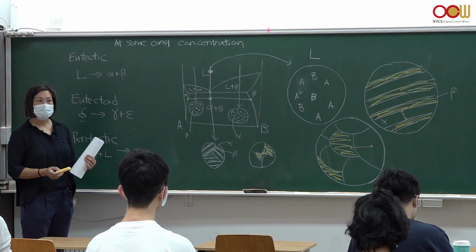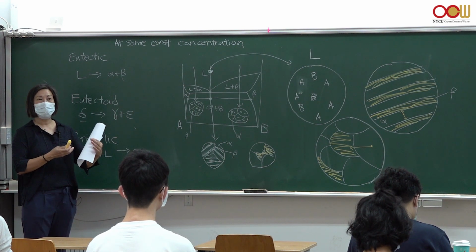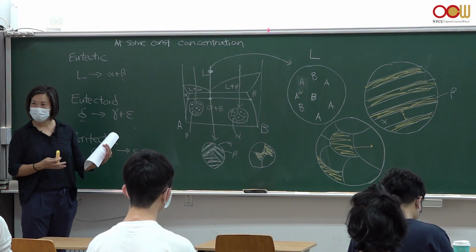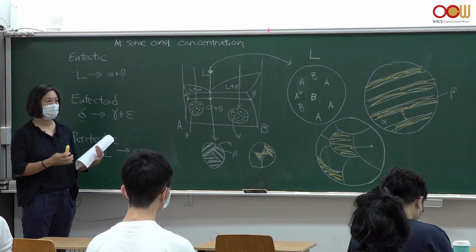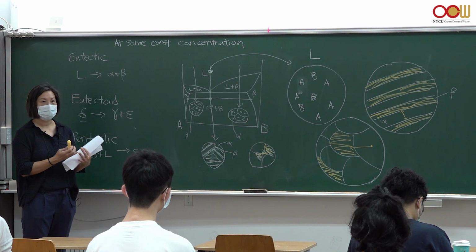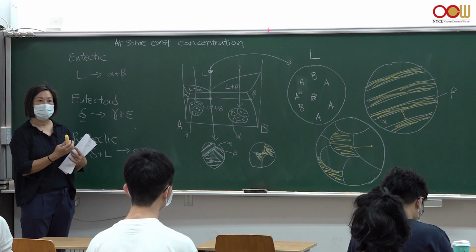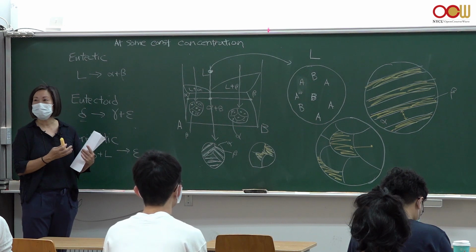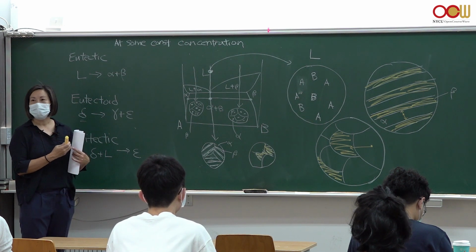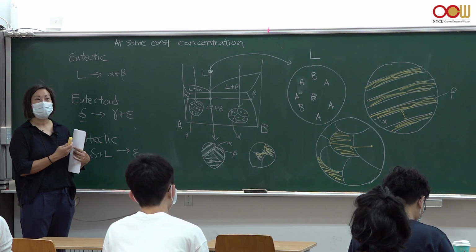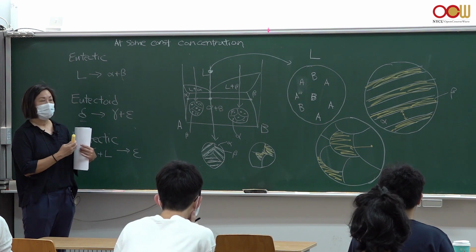And grain boundaries is where the crystal structure is disrupted. Any place where the crystal structure is disrupted, so like a dislocation, grain boundary, surfaces, pores, so holes in the system, is at a higher energy than the rest of the system.